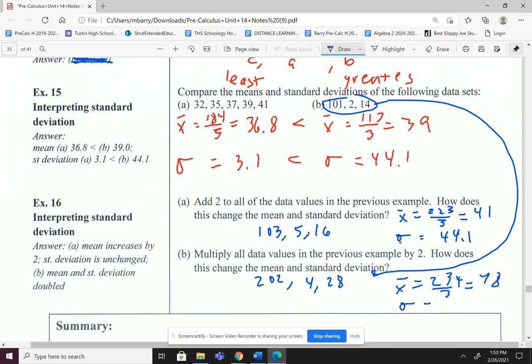And if I did the standard deviation, it would actually be 88.2. Okay, and so in this case, they both double, and that actually makes sense because now the numbers are more spread out, because 4 is very far away from 202. And so the other one only adds 2. Okay, so different effects there on adding versus multiplying a common number to a data set.